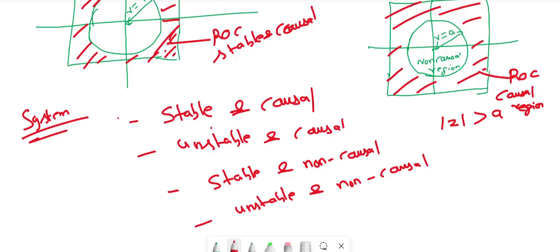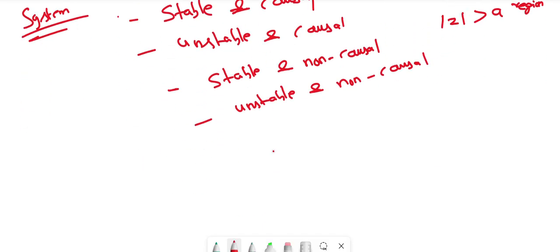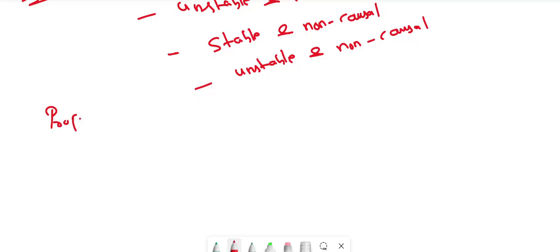Okay, so if you see the properties, I can list out the important properties out of so many properties.